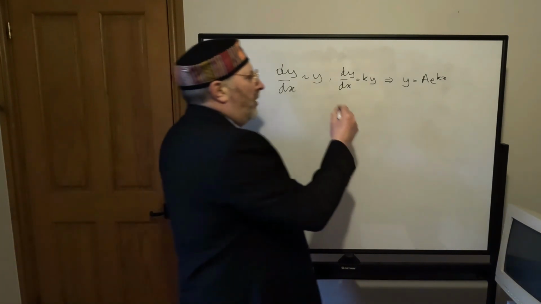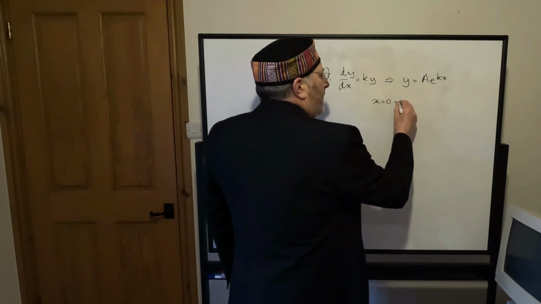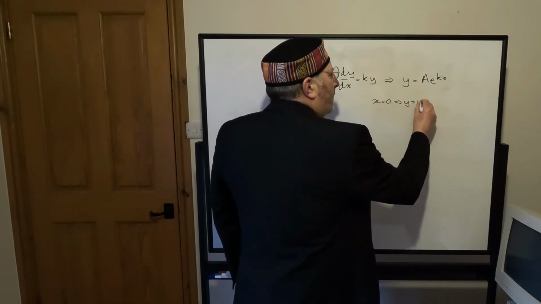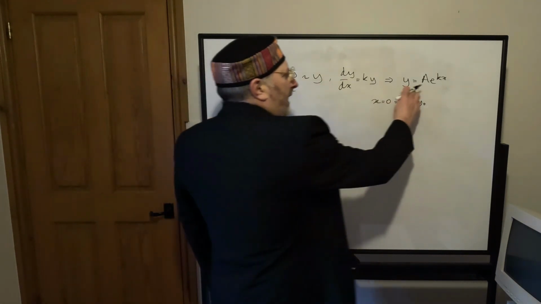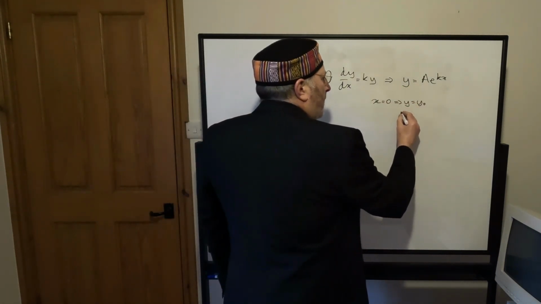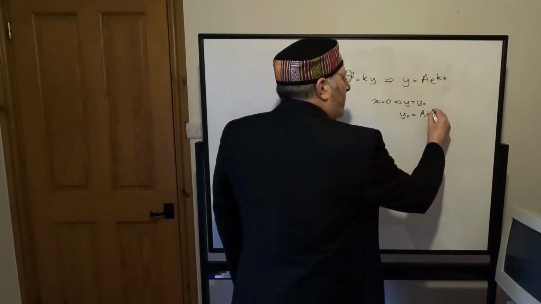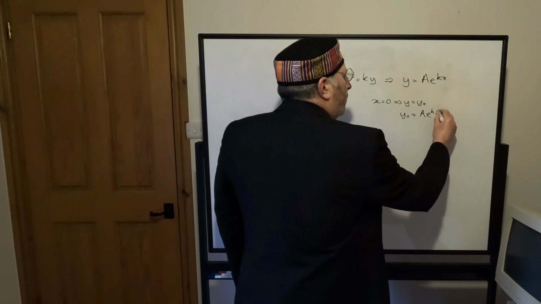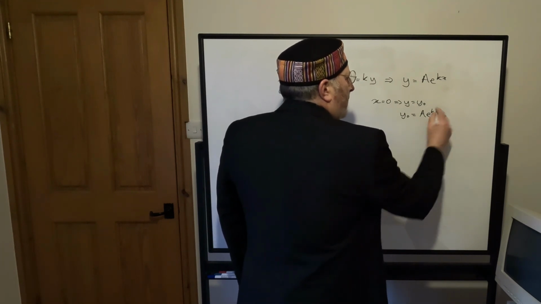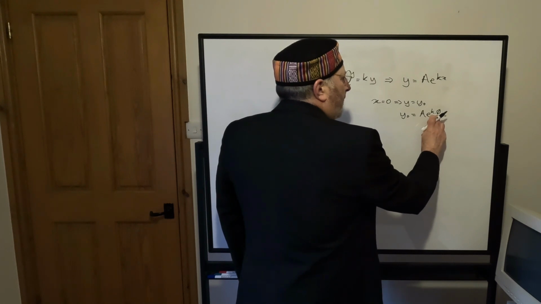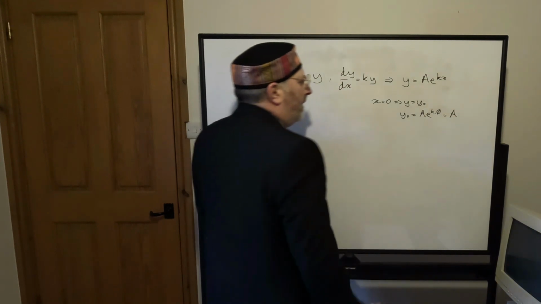And supposing we're told that when x is 0, the initial value of y is y0. Then we can put that into this expression here. We get that y0 equals a e to the k times 0, which is k times 0 is 0, e to the 0 is 1, it's just a.